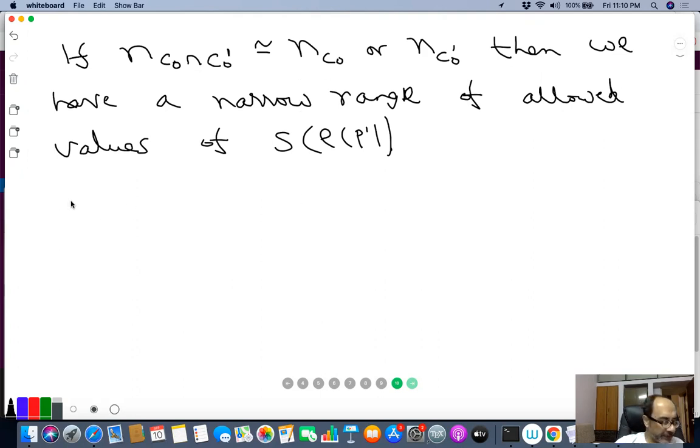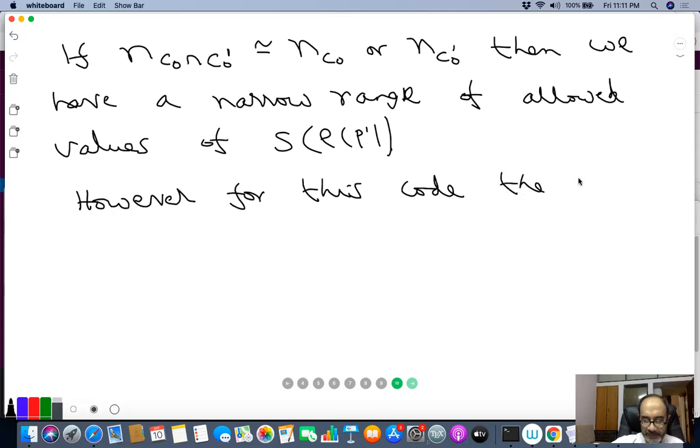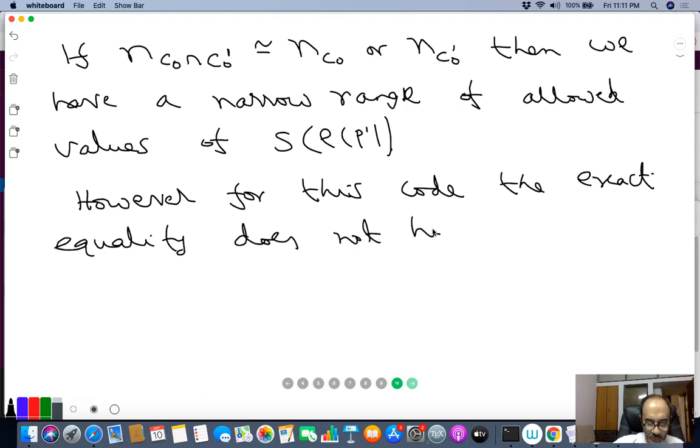Nevertheless, for this code, the exact equality does not hold in all cases. This question will return at the end of today's lecture.